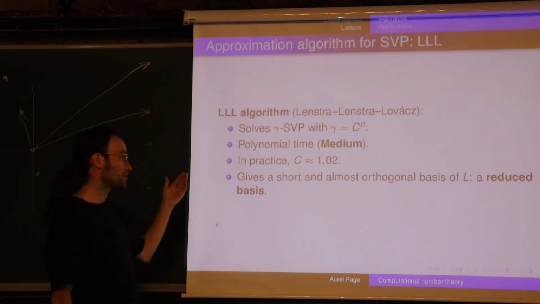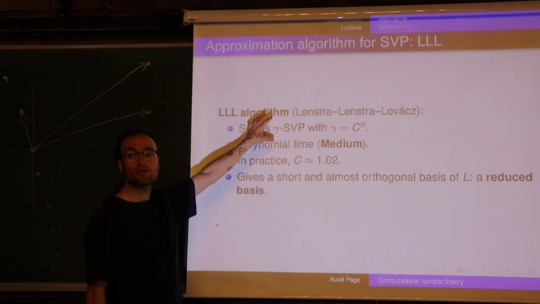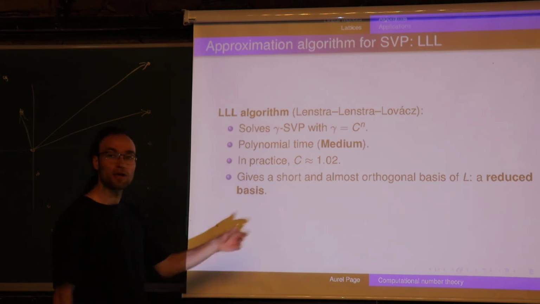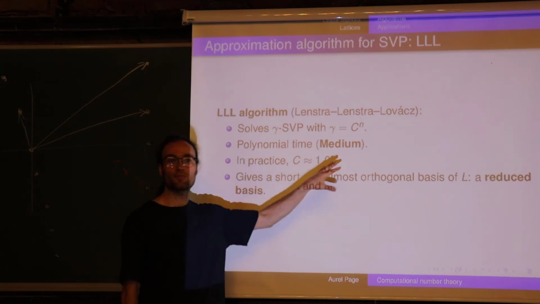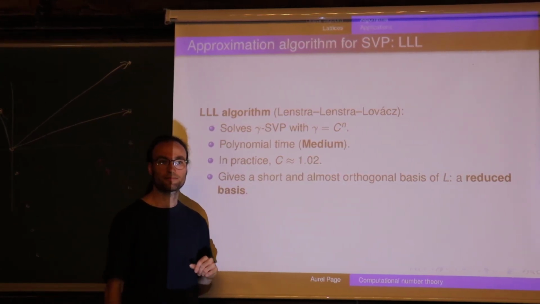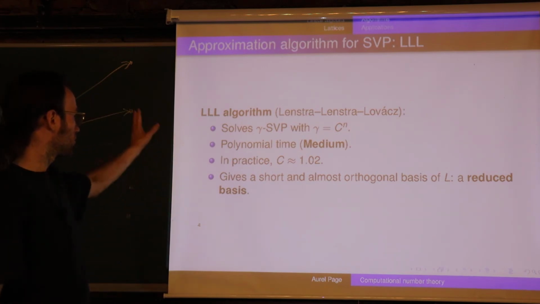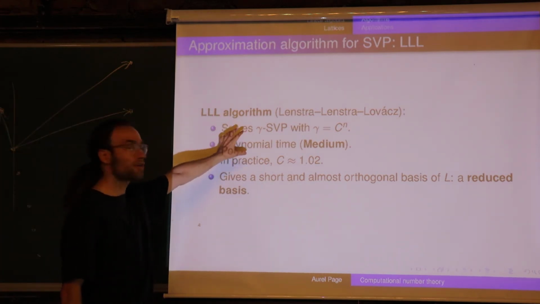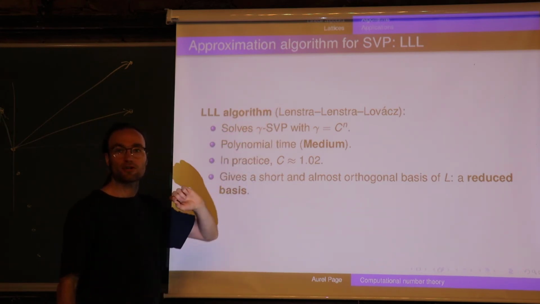And it produces a short and almost orthogonal basis, not just a single vector satisfying that it's a solution of gamma SVP. The whole basis is actually a nice basis. So we call this a reduced basis of the lattice. So that's one first step. It's reasonably fast, polynomial time, and gives an exponential approximation.